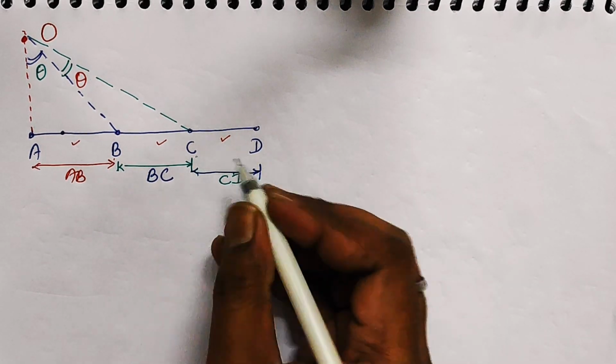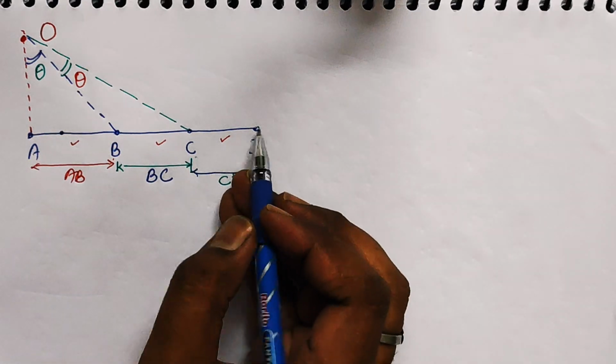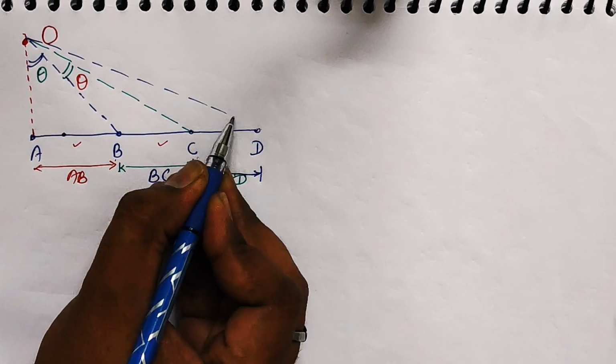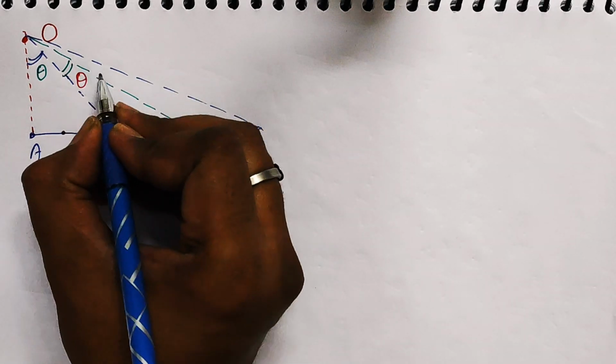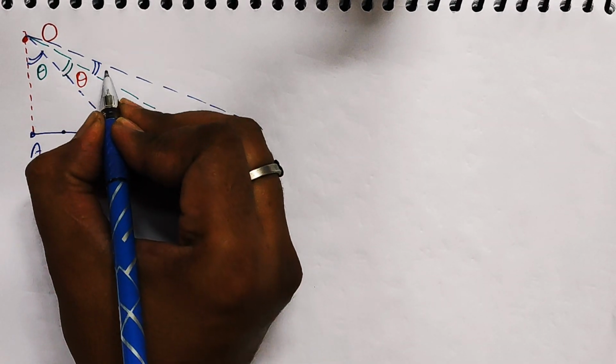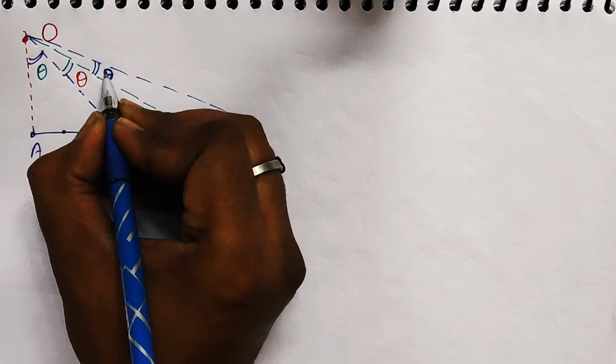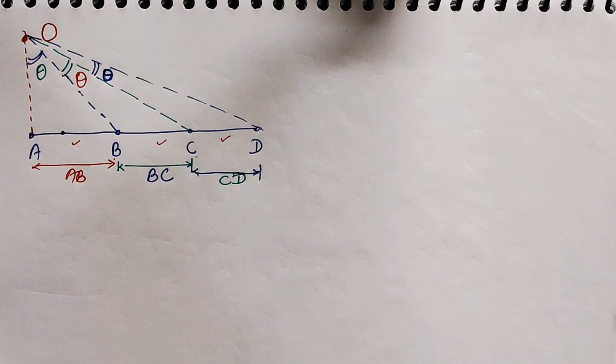And it's mentioned that CD is also subtending an equal angle at O. That means the angle subtended by CD at O is also the same, and its value is theta.